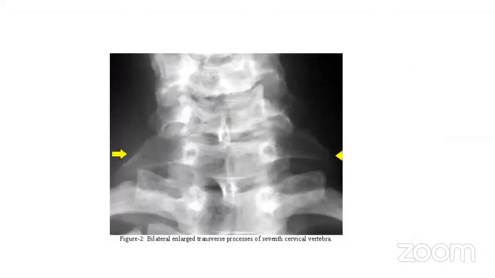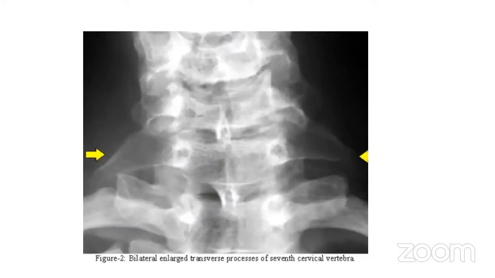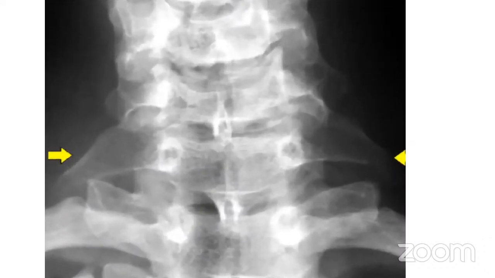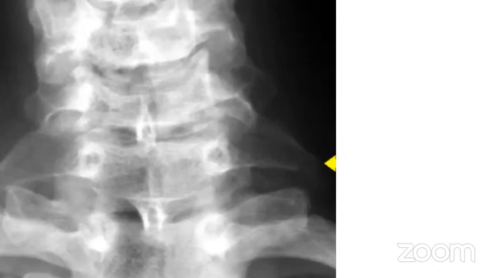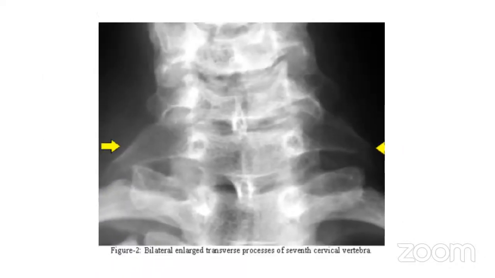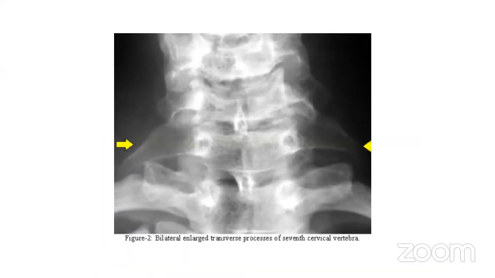Then next, this is a chest X-ray. Now the cervical spine X-ray, you can see here an elongated C7 transverse process. The cervical spine X-ray is also done to differentially diagnose cervical spondylosis, and shoulder X-ray is also done to differentiate any other conditions.